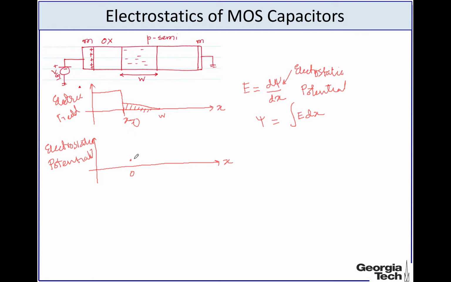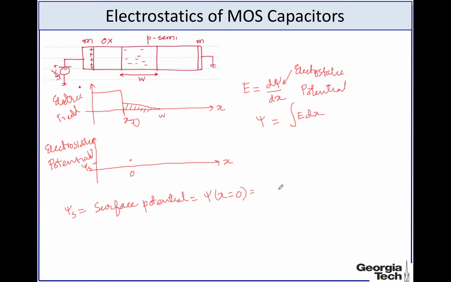So the value of electrostatic potential at the oxide semiconductor interface, this is what we call psi s, the surface potential. This simply means the value of the electrostatic potential at x equals 0, the oxide semiconductor interface, and this is basically the area under this electric field curve.